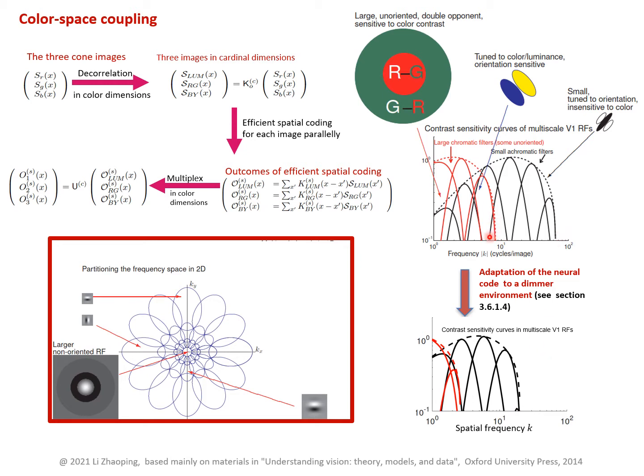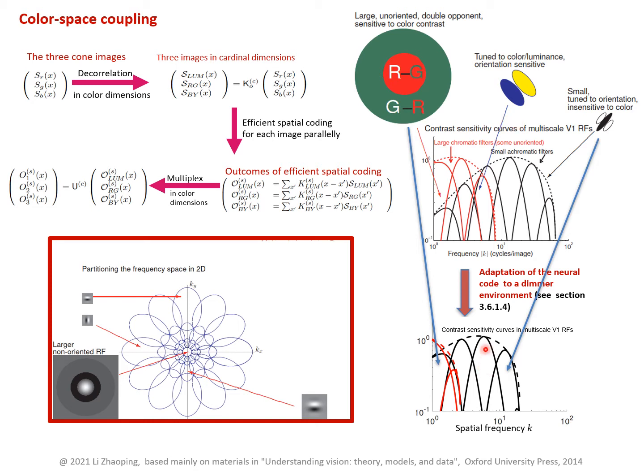And this in particular forces the chromatic contrast sensitivity curve to be only substantially non-zero in the lowest frequency bands. And this means that although we might still have these double opponent color cells that are insensitive to orientation and orientation tuned cells insensitive to color, we will have fewer or no cells tuned to both orientation and color.